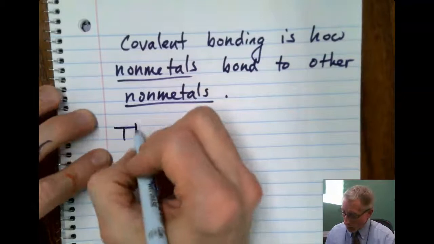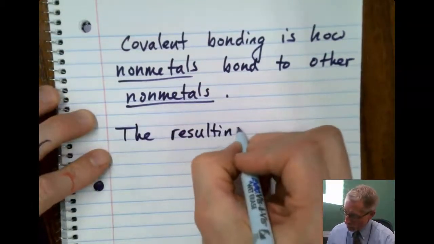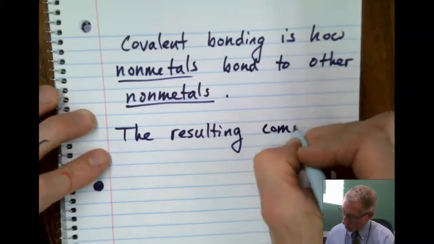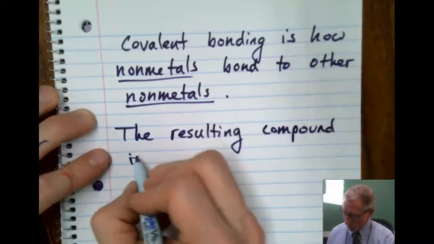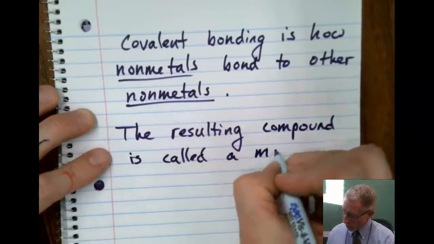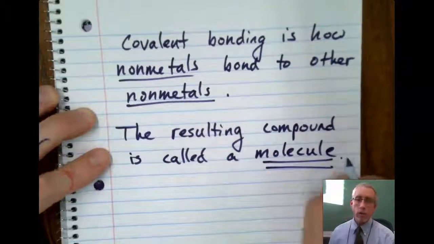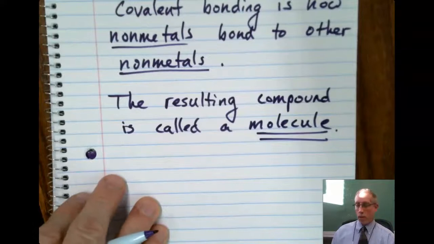All right. The other thing I want you to know is the resulting compound is called a molecule. You've heard that term before. Pause if you need to write that, but I want to show you what we mean by this.